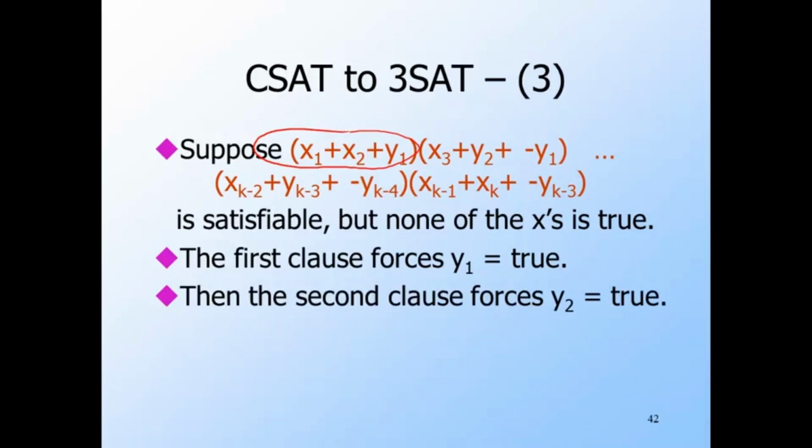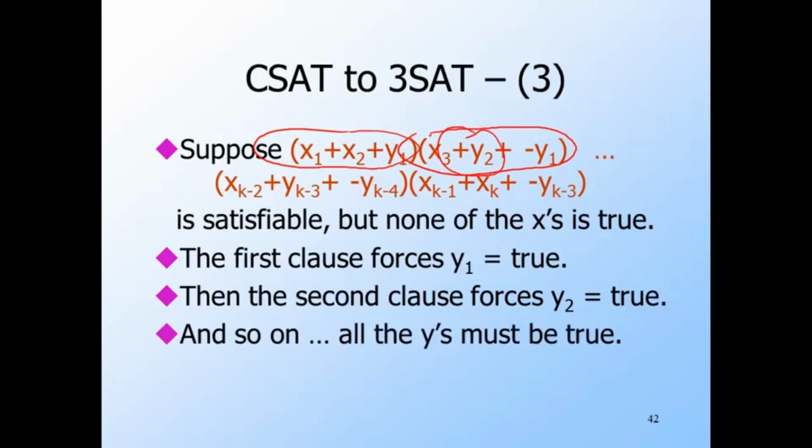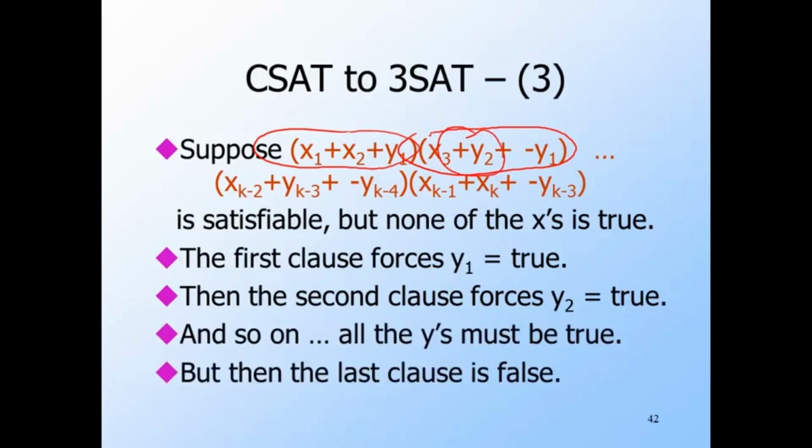And then the second clause says that since x sub 3 is false, and not y sub 1 is already known to be false because we had to make y1 true, that means that y2 must be true. We can reason the same way to show that all the y's are true. But then the last clause, this, which has only false x's and a negated y, must be false.